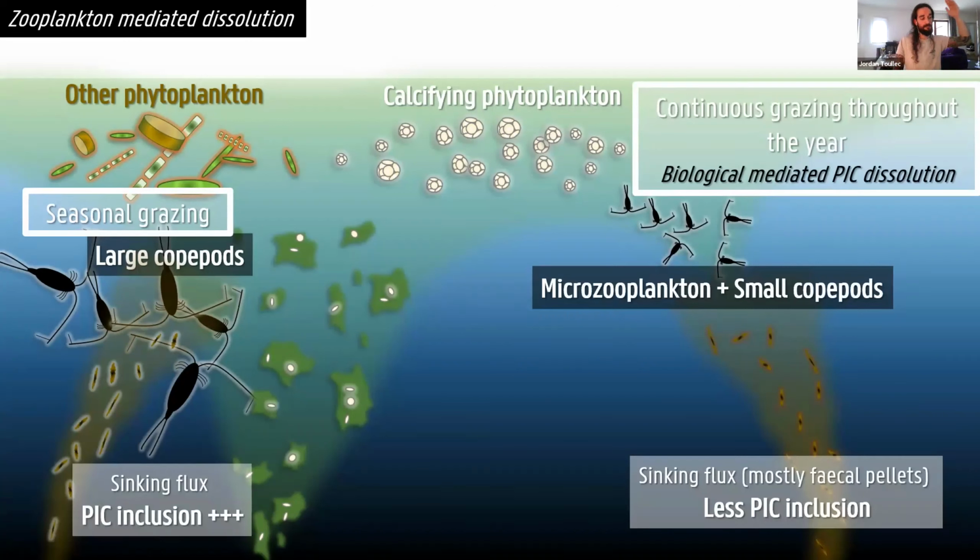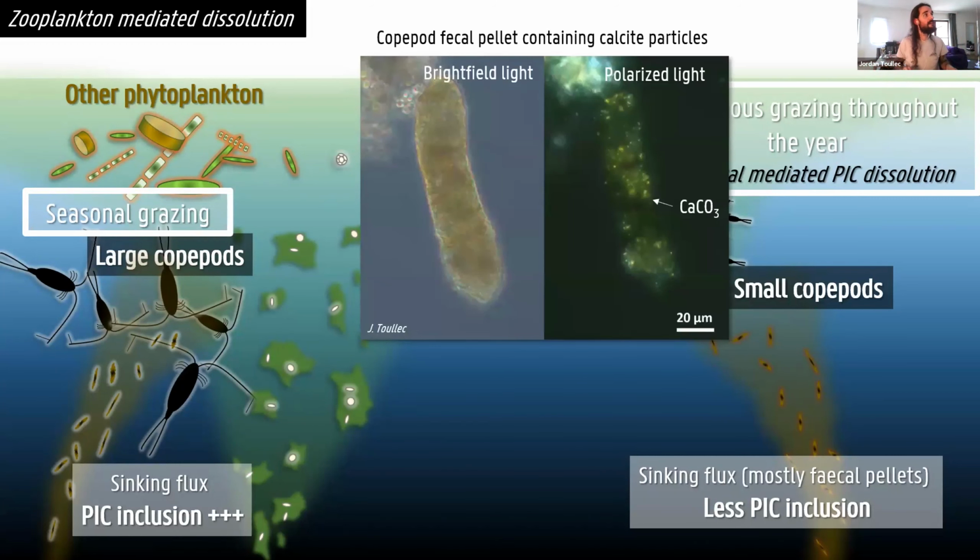So if you consider the microzooplankton vacuole dissolution, and even if the sinking flux is mostly driven by fecal pellets, we can't expect much PIC inclusion inside the fecal pellets. So here is a picture of one fecal pellet from copepods with the evidence of calcite inside.